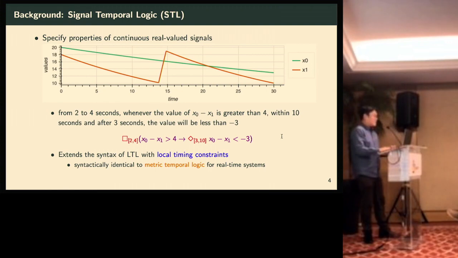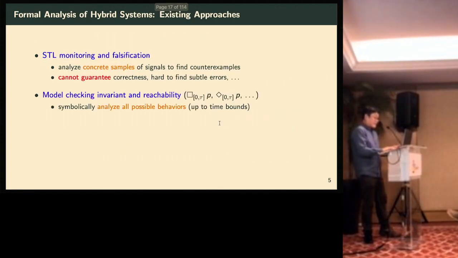Actually it's a very good question, because I mentioned that model checking for invariant and reachability and some variations exist, and when the interval can be specifically separated, that's actually easier, and there are several techniques for encoding that as a hybrid automaton. That might be possible for a general STL property as well, but it's not been developed.